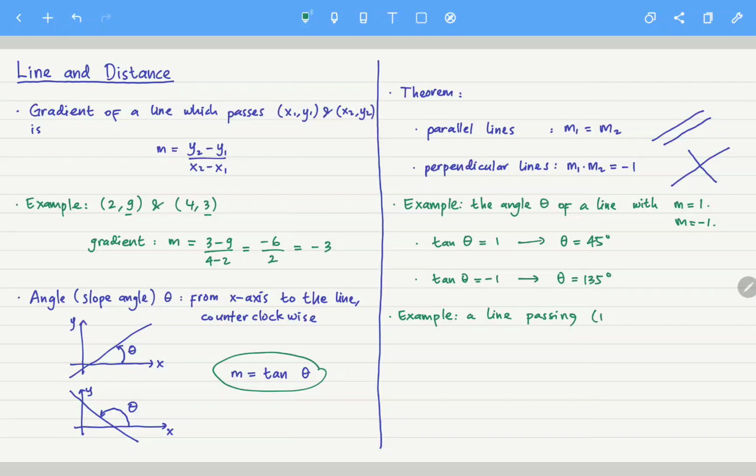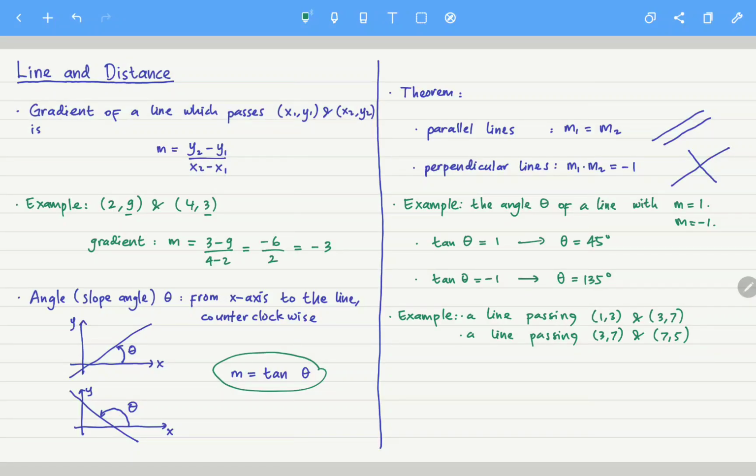The first point is 1,3 and the second point is 3,7, and we have another line passing 2 points also. The first point is 3,7 and the second point is 7,5.